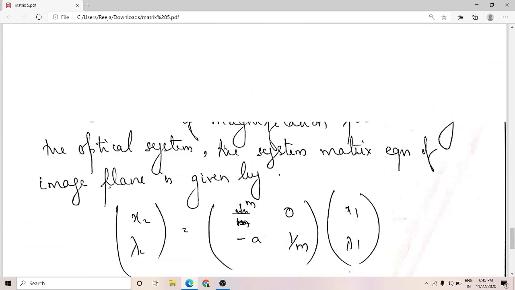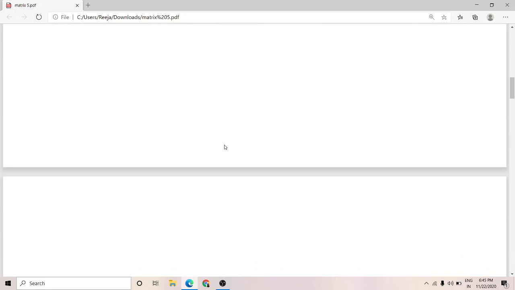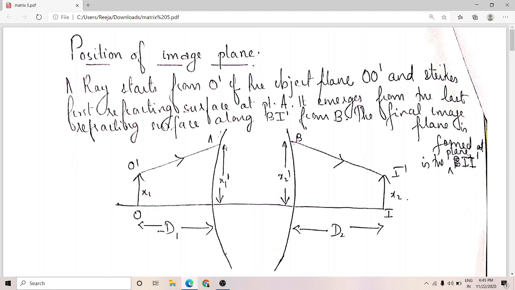So what all things did we do in this session? We considered a ray of light coming from the point O dash, getting refracted at A, then undergoing a translation, refraction, again a translation. We wrote down the system matrix for this entire system.